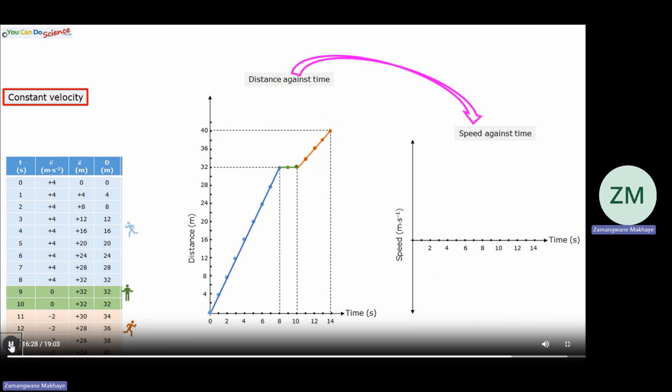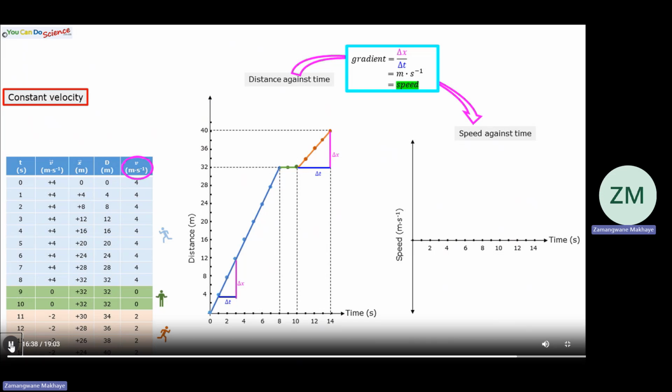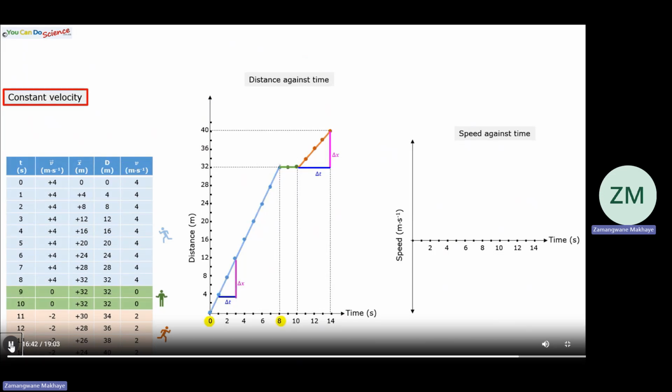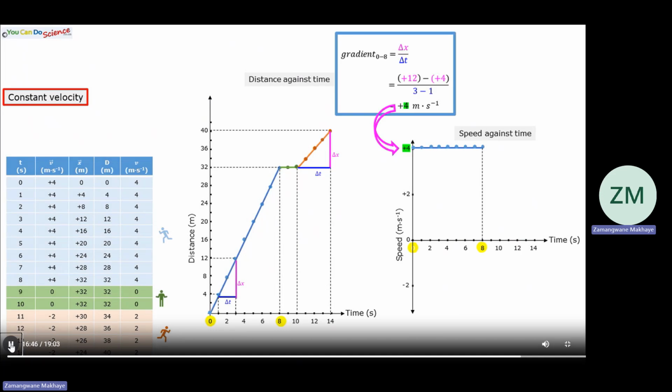The speed time graph can be drawn from the distance time graph by calculating the gradient of the distance time graph, or the table can be used. The gradient is constant for the first 8 seconds, and the constant speed can be calculated like this.